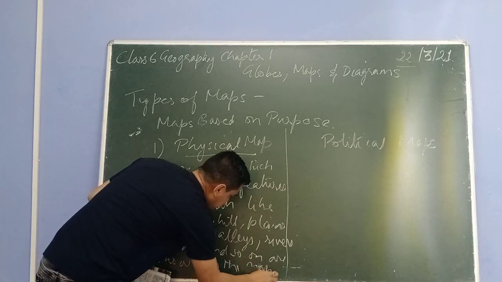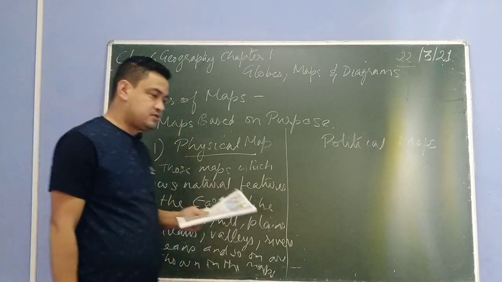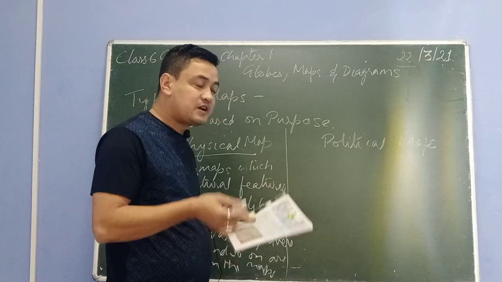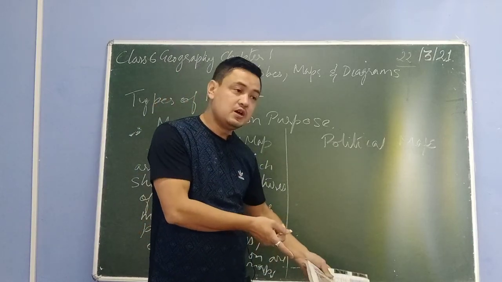It might be gorges also, or cliffs also, which are shown on that particular map. So what is a physical map? It shows natural features of the earth.